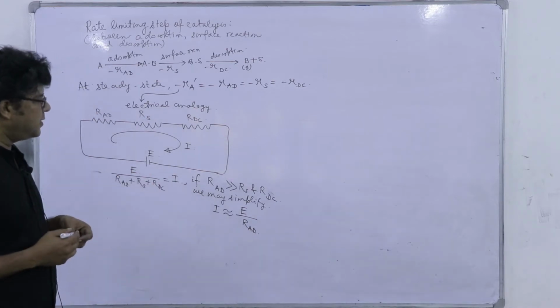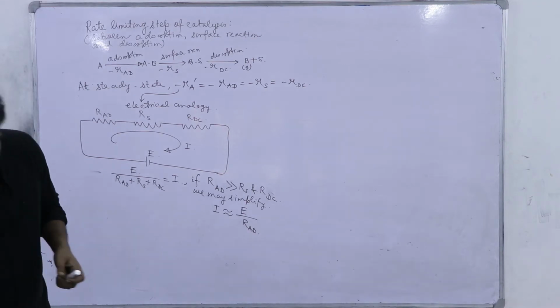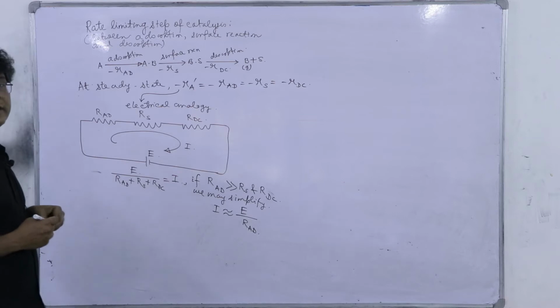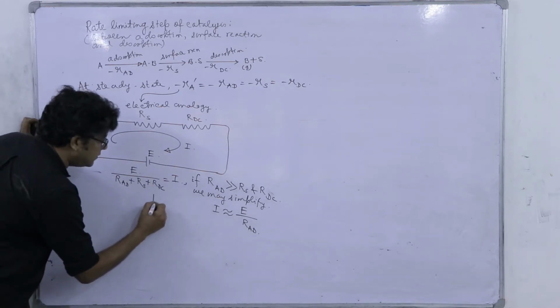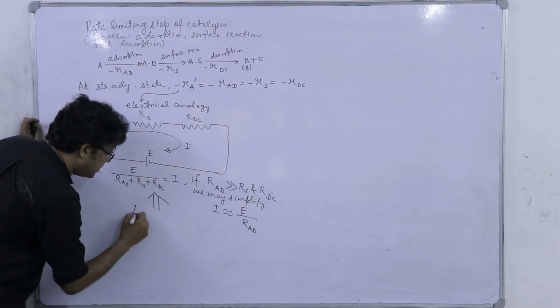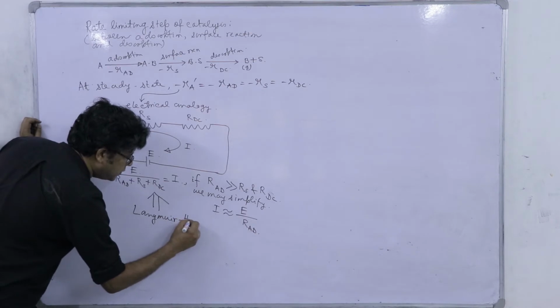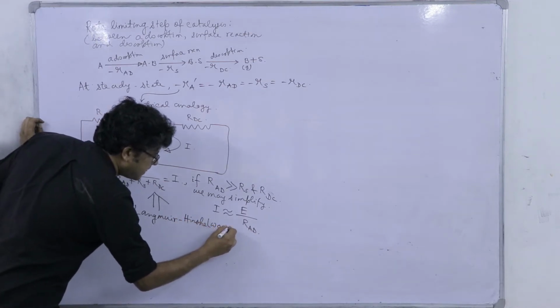So, this adsorption becomes the rate limiting step as the corresponding resistance is pretty high. That is the approach which was originally introduced by Langmuir and Hinshelwood. That is why this is referred to as the Langmuir Hinshelwood approach.